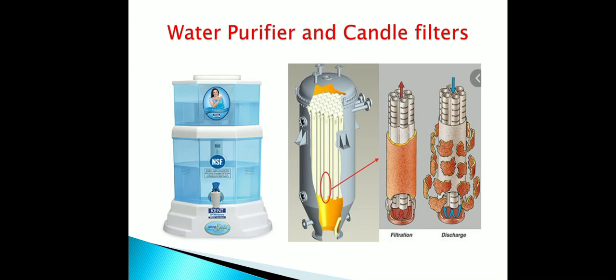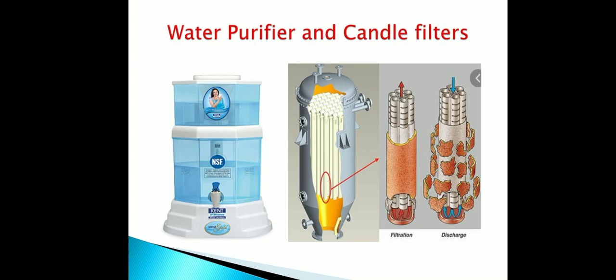Water is allowed to pass through the porous part. In this process, solid impurities are retained while the water that is fit for drinking passes through. It can remove bacteria found in drinking water but not viruses.